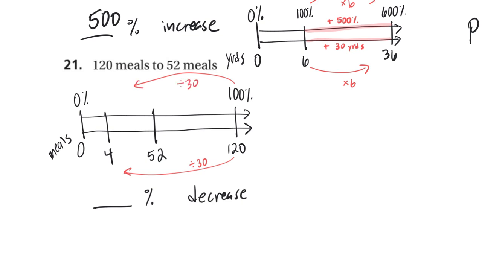And 100 divided by 30 is 3.33333333. So don't take that out of your calculator. That's not our final answer. So 3.33333%. And then multiply by 13 to get to 52.